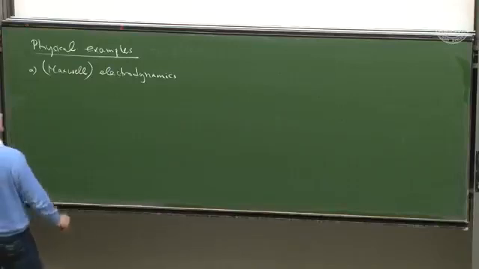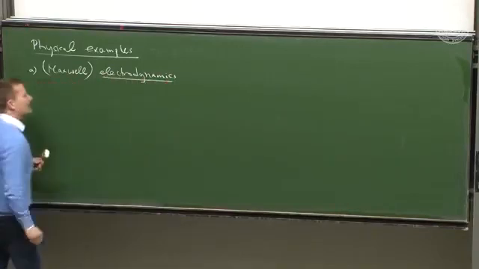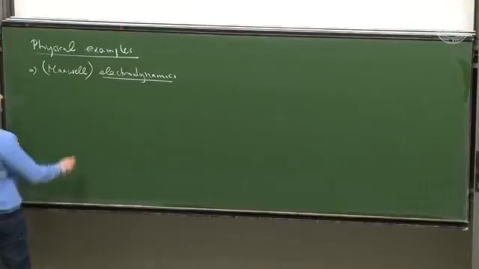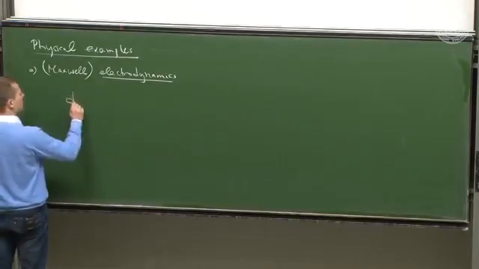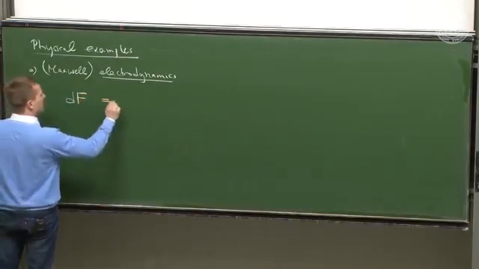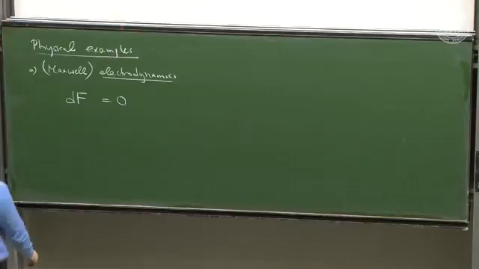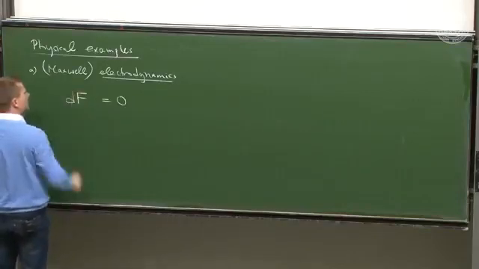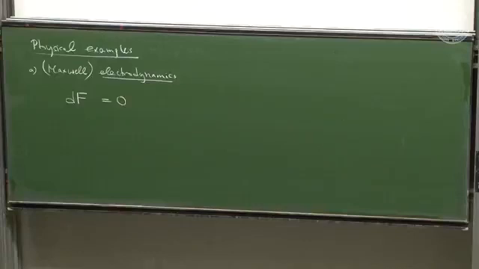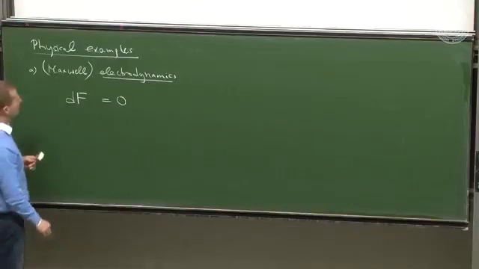Well, any electrodynamics has to talk about the field strength, F, and in fact, dF equals 0, so F is a 2 form. We had this before, the electromagnetic field strength. If you think of it in components on a 4 manifold, you have the E and the B field in there. Okay, you saw all of this before, I hope. Otherwise, I'll torture you with it on the problem sheet. Well, I'll certainly torture you with it on the problem sheet.